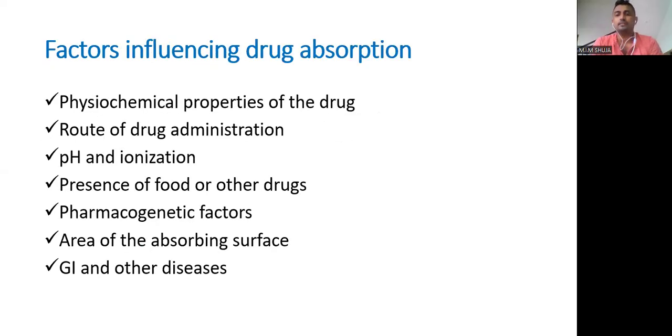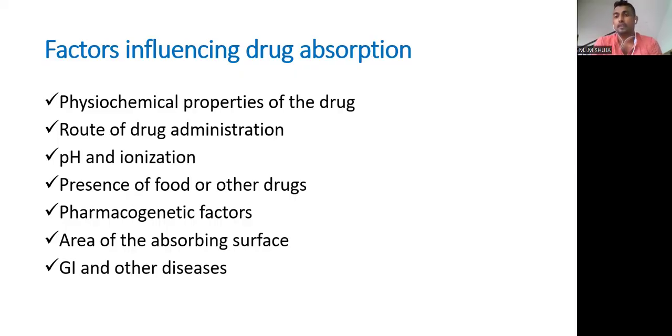So there are a few factors affecting or influencing drug absorption. The physicochemical properties of the drug: if the drug is lipid soluble, it goes across the cell membrane very easily.